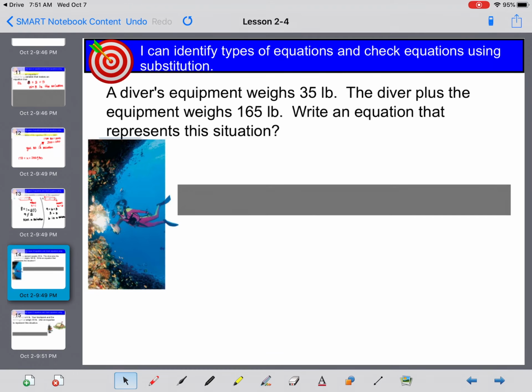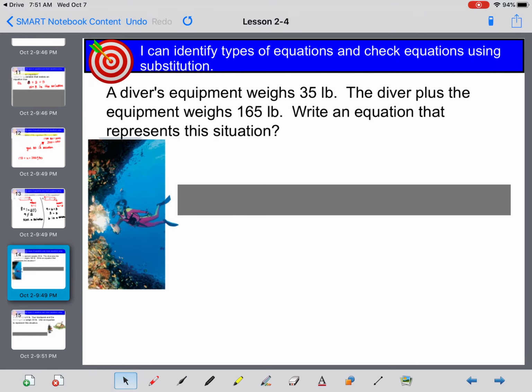Let's use this in more of a real life context. A diver's equipment weighs 35 pounds. The diver plus the equipment weighs 165 pounds. Write an equation that represents this situation.